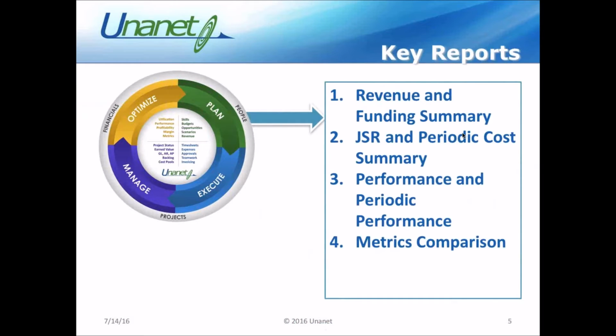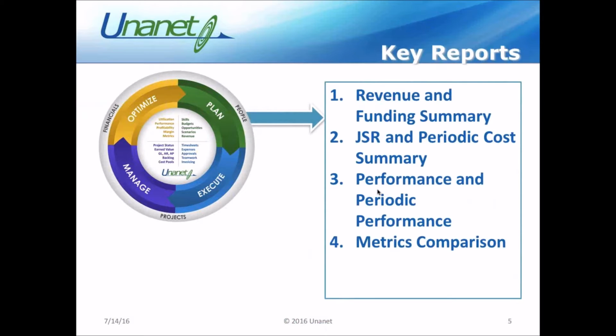Then there's the JSR, the cost information, JSR, and the periodic cost summary. That's the costing reports to be able to show the revenue, profit, the proper percentages. The JSR is the one available with tracking, and the periodic reports are the ones available with the portfolio reporting. Performance report is the tracking versus the periodic performance, which is a portfolio.